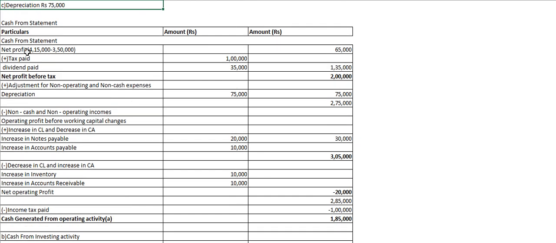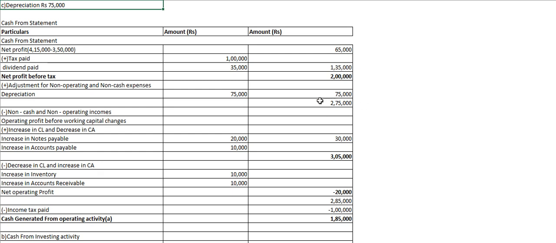You start with net profit, which is nothing but your balance of retained earnings, 4,15,000 minus 3,50,000, so you get 65,000. Add your tax paid during the year and your dividend paid, 1 lakh plus 35,000, which is 1,35,000. The resultant figure is 2 lakh, which is your net profit before tax. For the adjustment for non-operating or non-cash expenses, only depreciation is given in the question, so adjust depreciation 75,000.